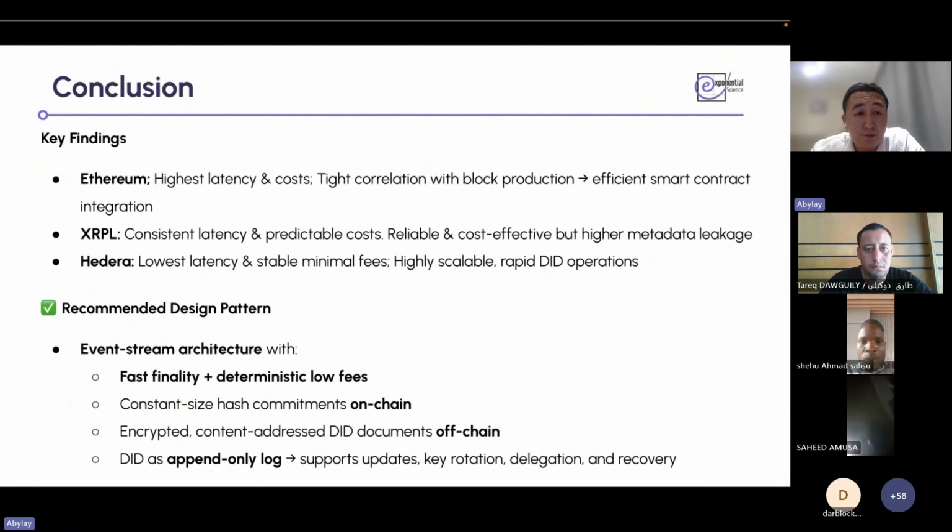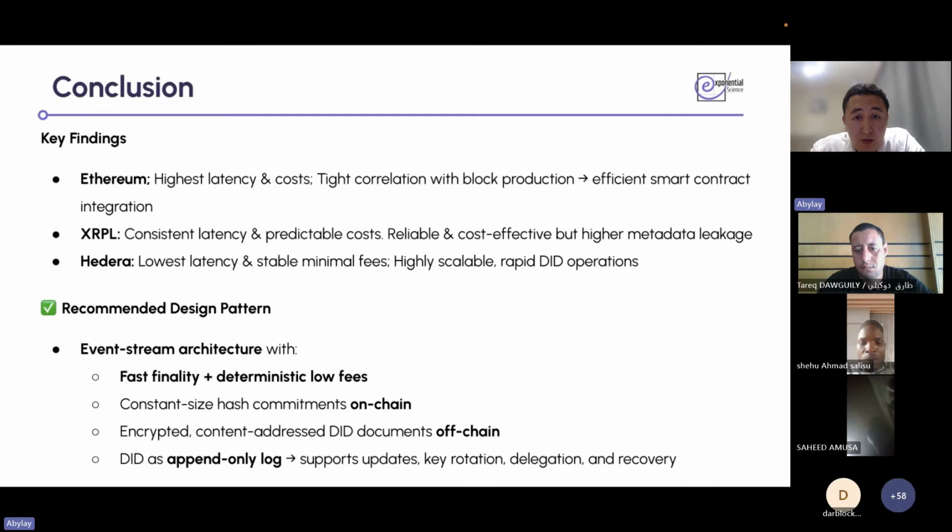So, conclusion. We can conclude that Ethereum has the highest latency and cost, but in terms of relative latency, it's showing good. There is also very sophisticated account management because of smart contract capabilities.